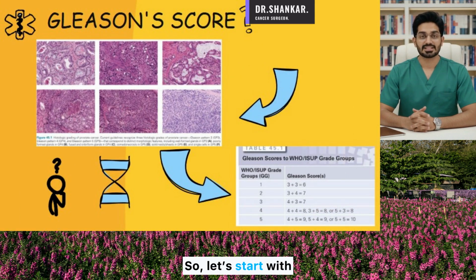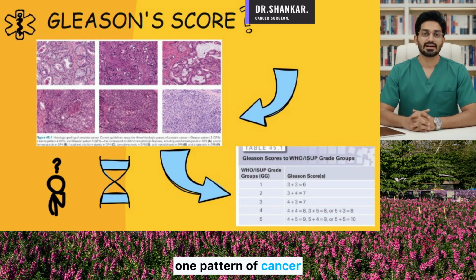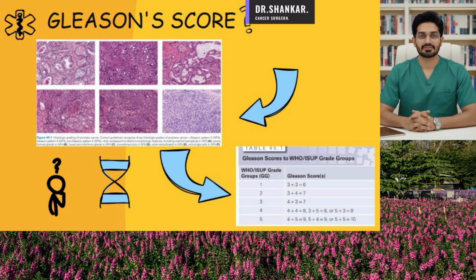So, let's start with something every biopsy reveals, the Gleason score. If prostate tumors contained only one pattern of cancer cells, estimating risk would be much easier. But prostate biopsies often contain more than one pattern of cells. To account for this, the two most common Gleason patterns found in the biopsy sample are combined into a single Gleason score.